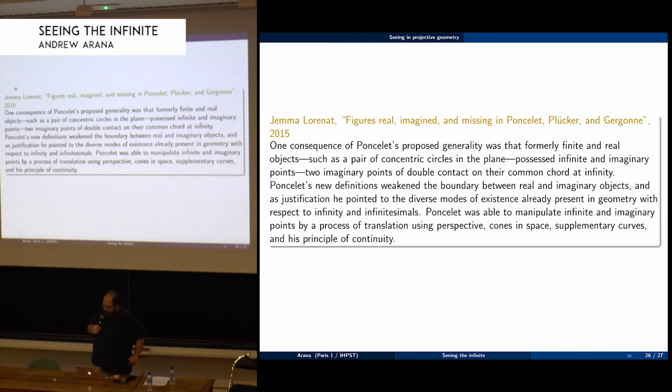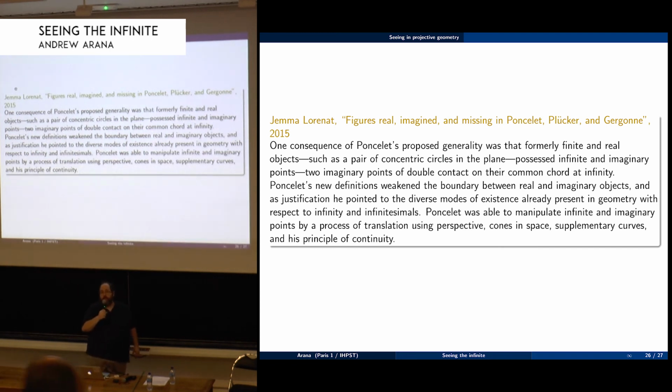Poncelet's new definitions weakened the boundary between real and imaginary objects, and as justification, he pointed to the diverse modes of existence already present in geometry with respect to infinity and infinitesimals. Poncelet was able to manipulate infinite and imaginary points by a process of translation using perspective, cones in space, supplementary curves, and his principle of continuity.